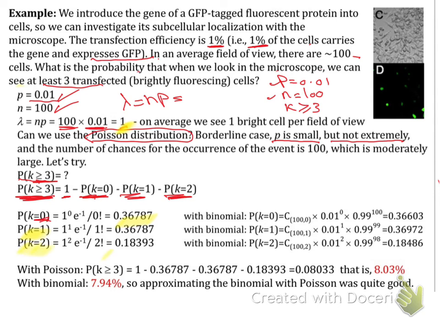So using the Poisson distribution formula, first we'll put k with 0, so it will be lambda 1 to the power k, 0, divided by k factorial, 0 factorial is 1, times e to the power minus lambda, 1, okay, so we'll get this one.